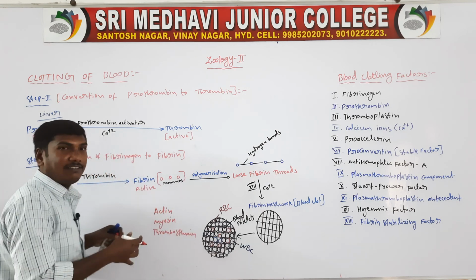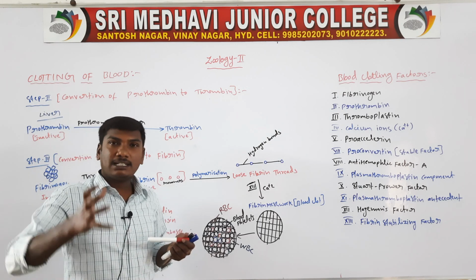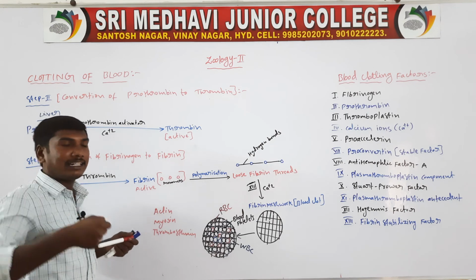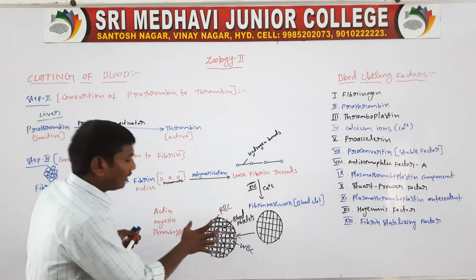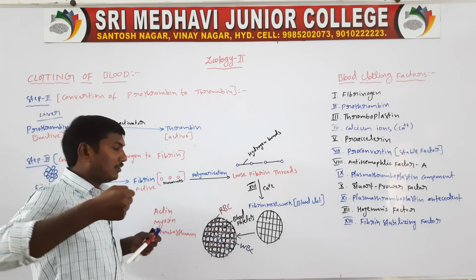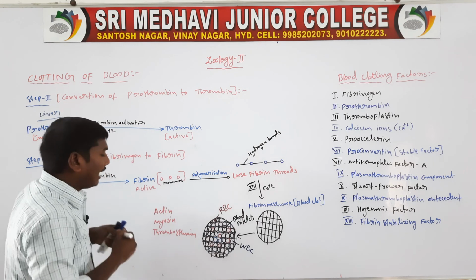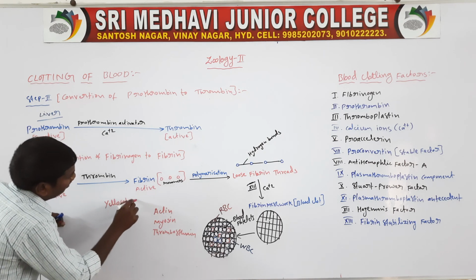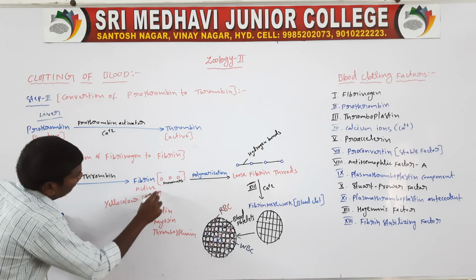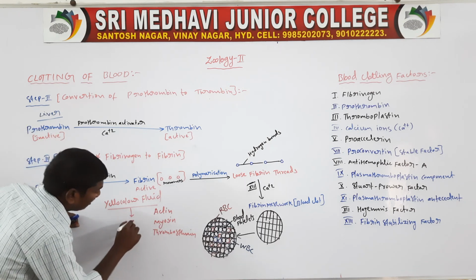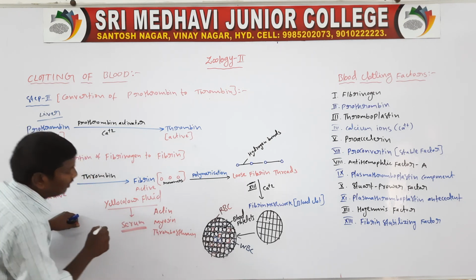These three factors are present in the blood platelets, and they cause clot retraction. After blood clot formation, about 30 minutes later, clot retraction squeezes out a yellow colored fluid. This yellow fluid is called serum.